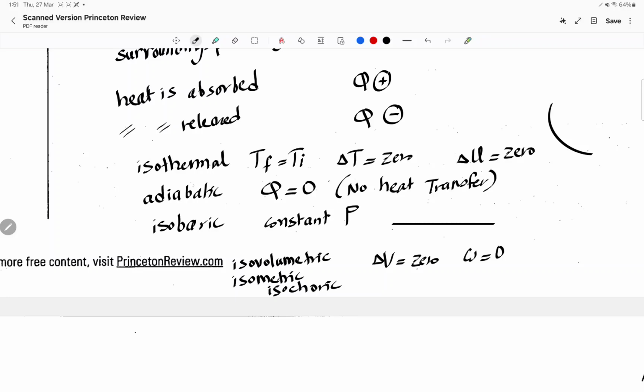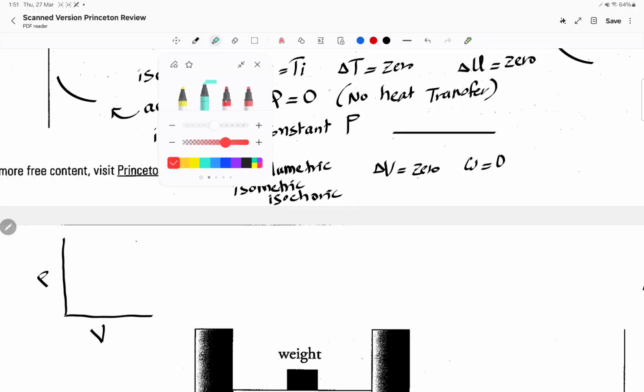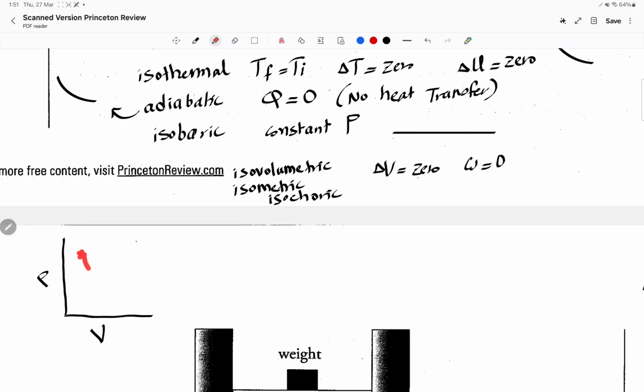Okay, but it's going to be less curvy. So adiabatic, where is it? This one. It's going to look like this, but less curvy. Okay. So that means that if I have a graph of P versus V, and if this one is the isothermal, then this one is going to be, maybe not less curvy, but it's going to be lower than it.